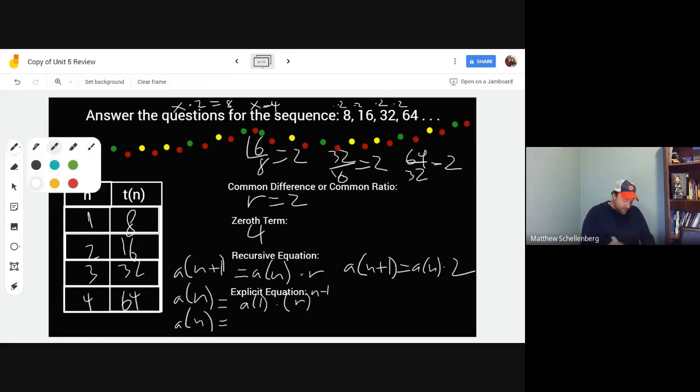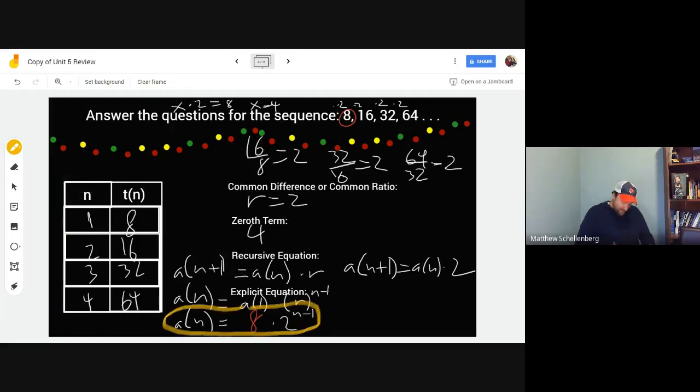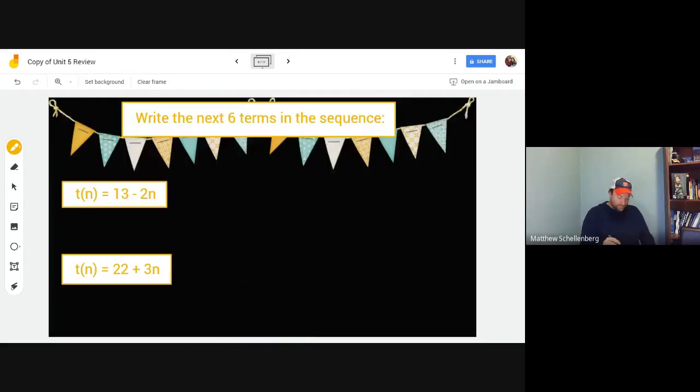Let me give that its proper color, this 8 right here. Okay, so 8 times r, which we know in this case is 2, and then an exponent of n minus 1. And that's it. That's all you have to put for the explicit equation. This right here gives you the explicit equation for this particular sequence.